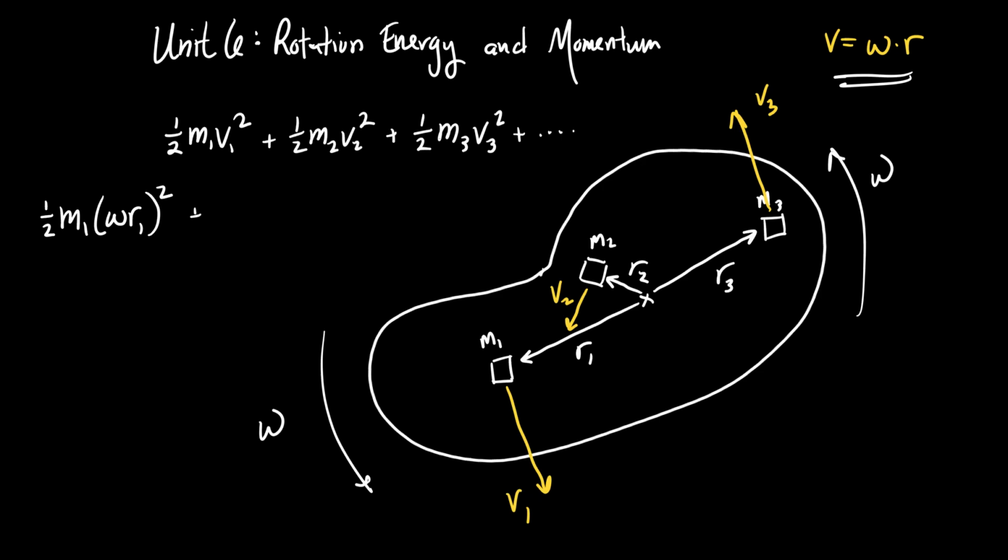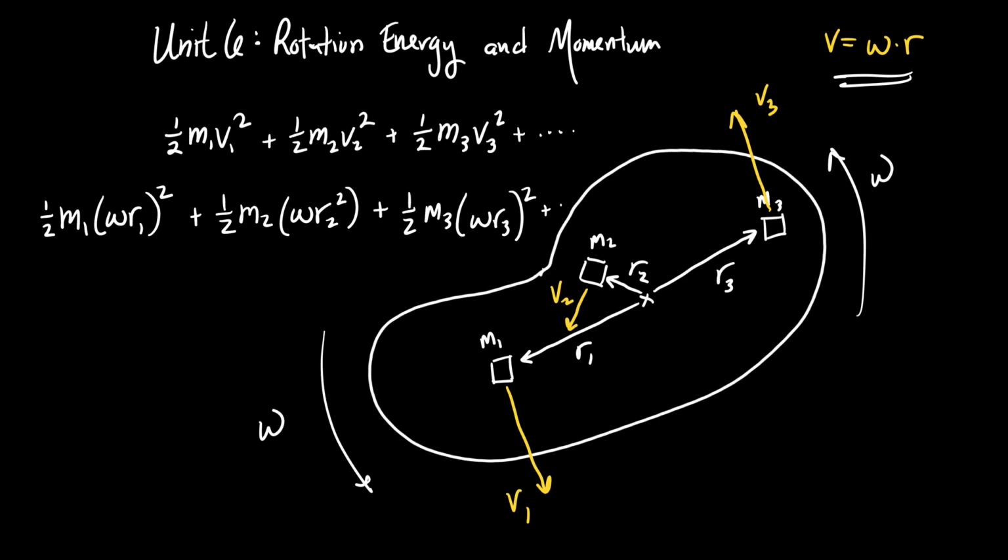And for the second piece, I could do 1/2 m2 omega r2 squared. For the next piece, 1/2 m3 omega r3 squared, and so forth for every piece of the potato. Everybody okay so far? All right.